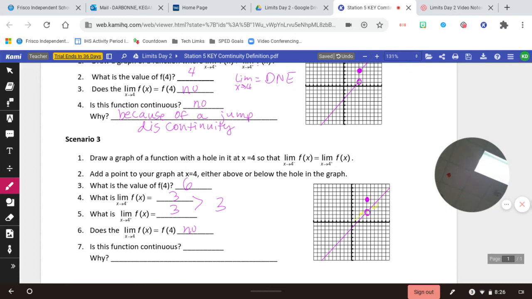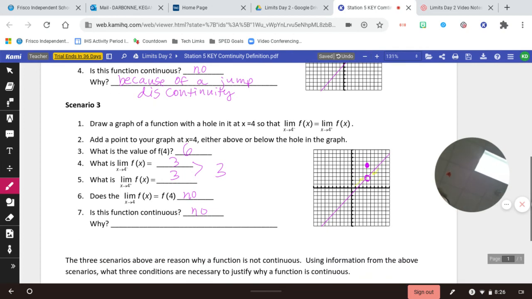No. So is this function continuous? No, it's got that weird hole with a point floating above it. That doesn't make any sense. So why is it not continuous? The function value does not equal the limit.